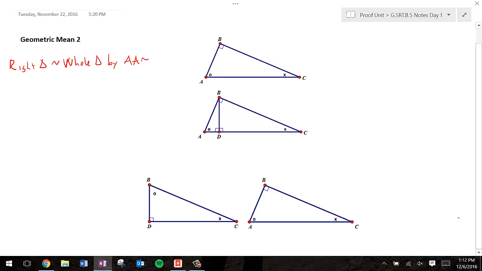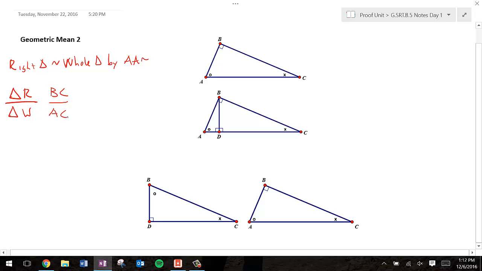With that similarity, it gives us the ability to set up another proportion. So we're going to have our triangle on the right over our whole triangle, and once again, we're going to do our hypotenuse over hypotenuse to start. So we've got BC as the hypotenuse, and that's going to be over AC, the hypotenuse of the other one.